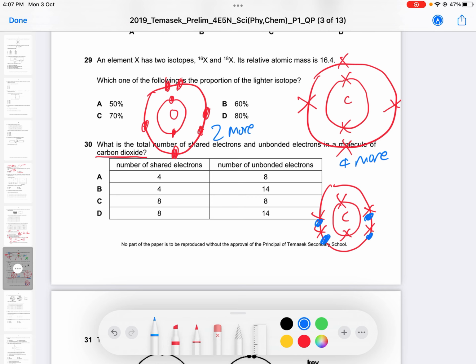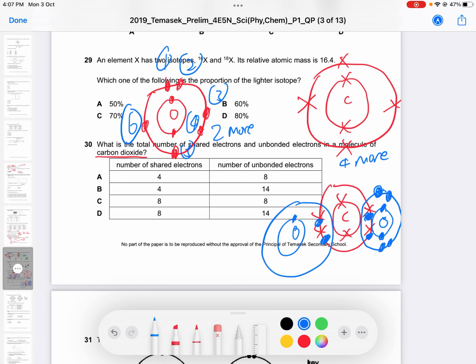Carbon has 8 valence electrons now. For my oxygen, initially I have 1, 2, 3, 4, 5, 6. Two are already inside, sharing, so I draw another 4 more: 1, 2, 3, 4. Same for this one. How many electrons are shared?